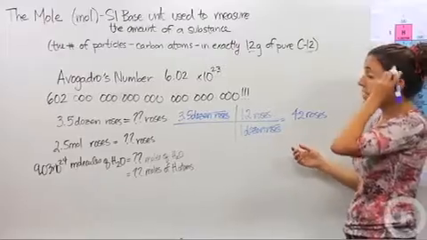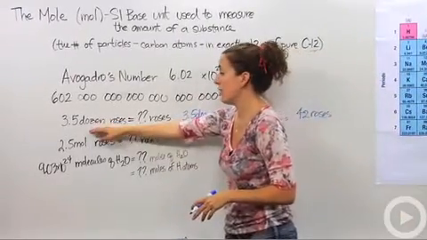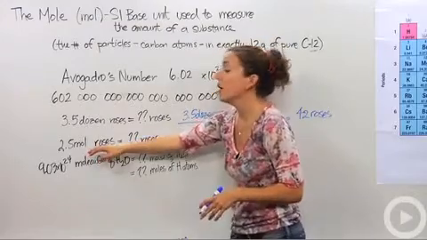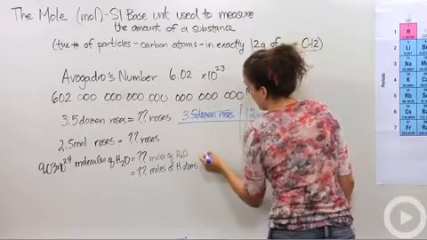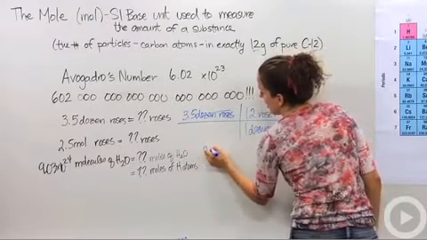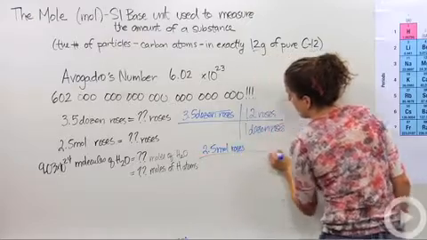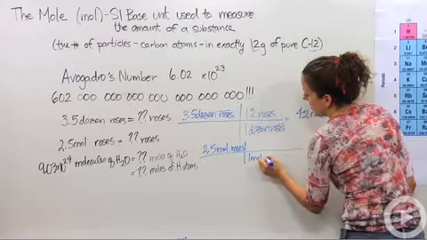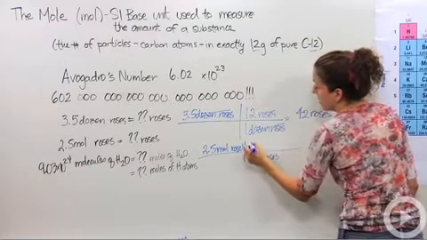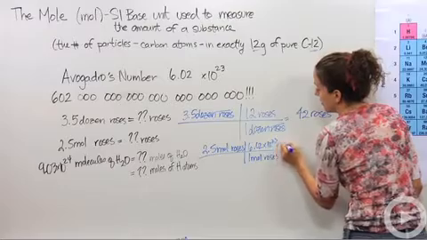Okay, fair enough. Let's start using the word mole. So let's say instead of 3.5 dozen roses, we have 2.5 moles of roses. How many roses do we have? Well, let's do it again. So we say 2.5 moles of roses. 1 mole of roses is 6.02 times 10 to the 23rd roses, right?